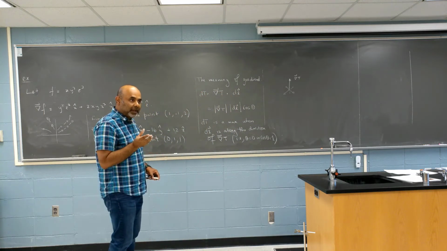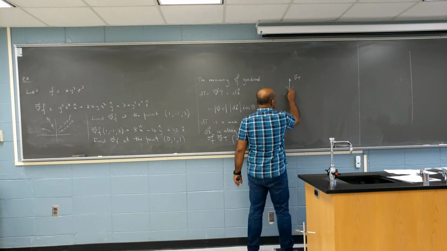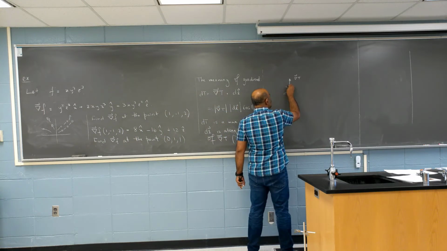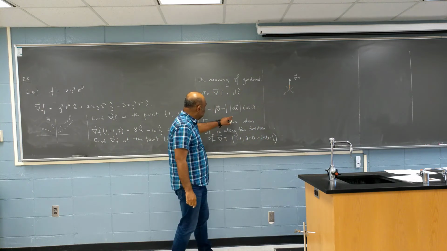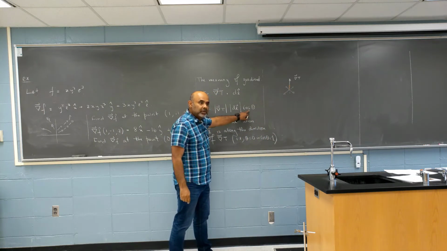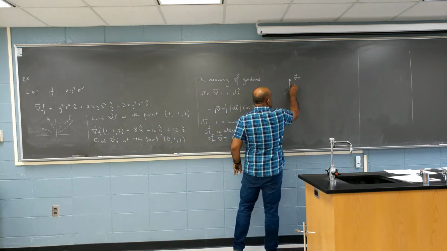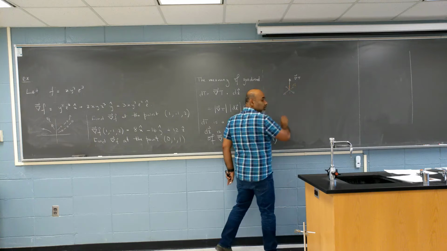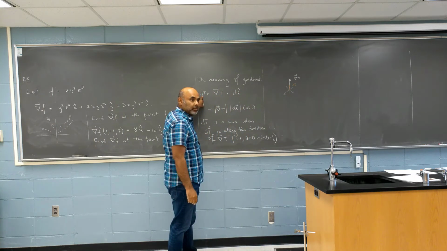So if I take my curve and go along the direction of gradient of T, that means what is the angle between them? 0. And cosine of 0 is 1. That's when this is a maximum.